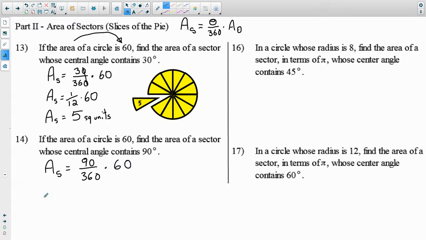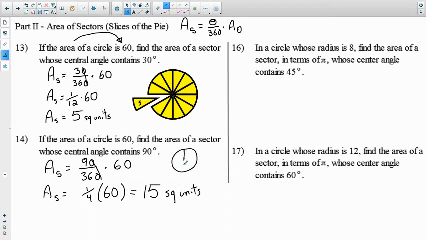Well, we already learned that 90 degrees out of 360 is the same as 1/4 of the entire circle. If the whole circle has an area of 60, 1/4 of it will be equal to 15 square units. It's like taking a whole entire circle and dividing it into fourths. If the whole thing is 60, you're going to have 15, 15, 15, and 15, right?